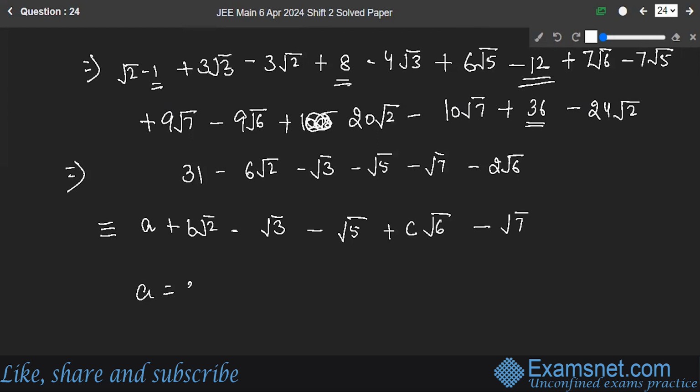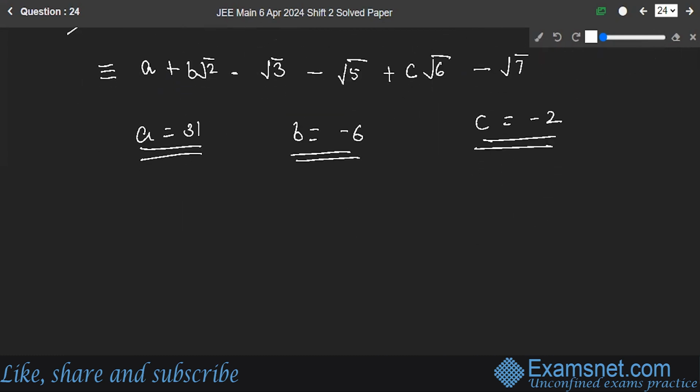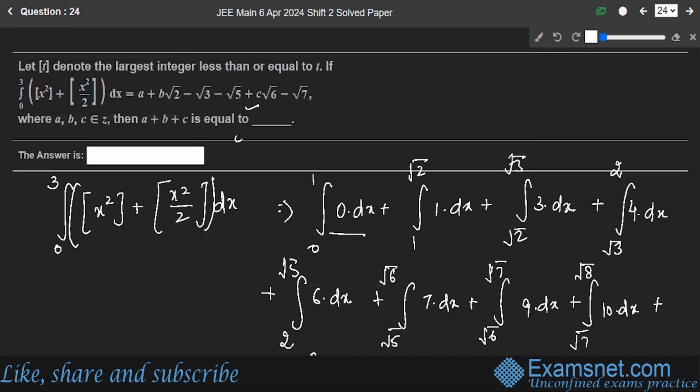You'll get the value of a as 31, b is equal to minus 6, c is equal to minus 2. What is a plus b plus c equal to? 31 minus 8, which is equal to 23. So this is the answer to the question, 23. Hope you got that. Let's move to the next question.